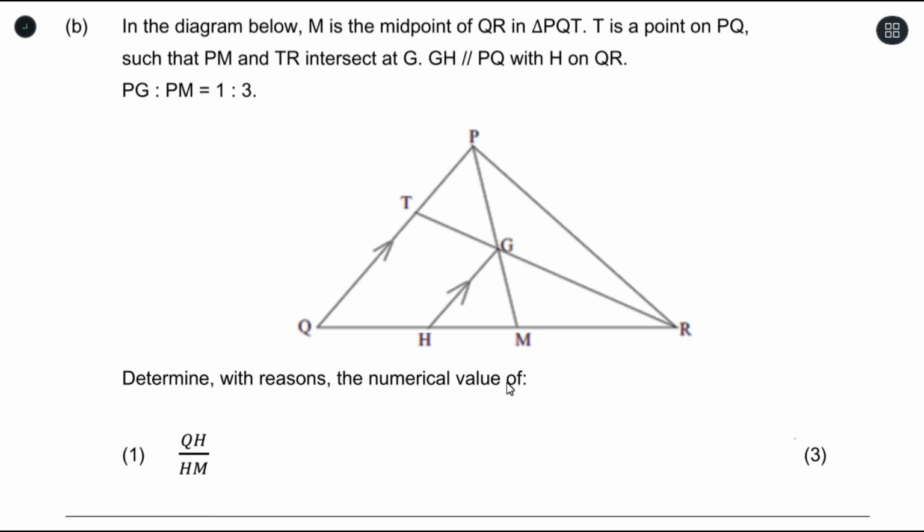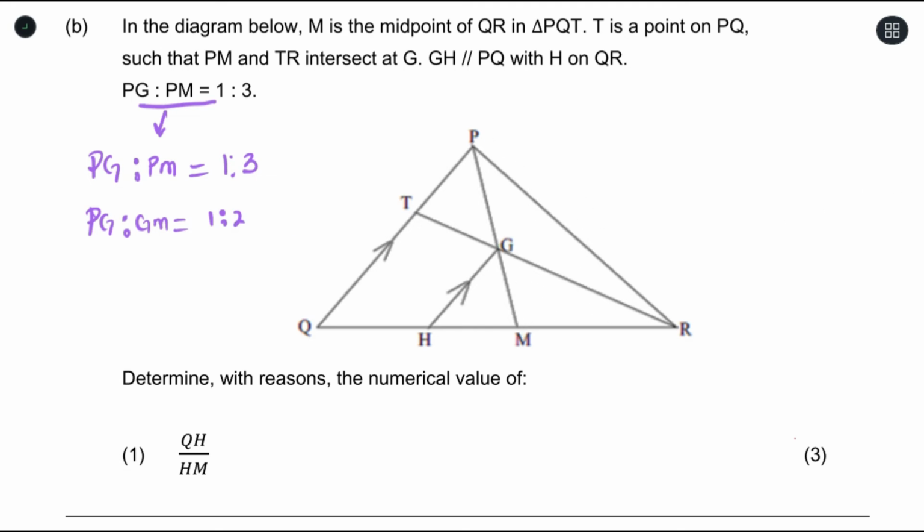Okay, so from this information that we're given, we understand that if PG ratio PM is equal to 1:3, because as you can see here, this is PG, this whole thing is PM, it would also mean that PG ratio GM would be 1:2, because if the entire length is 3, then from here to here would just be 2.